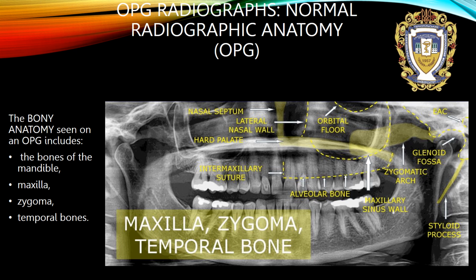This white line is hard palate, nasal wall, nasal septum, intermaxillary suture, alveolar bone, maxillary sinus and maxillary sinus wall, glenoid fossa, zygomatic arch, and styloid process, processus styloideus.